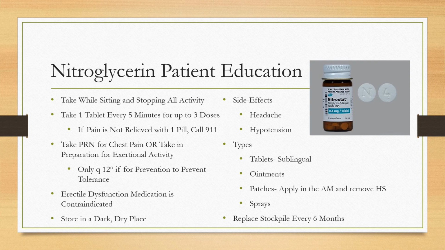So what are the types? Well, the sublingual tablets, that's for angina, right? I have chest pain now, I want to take a tablet, okay? The ointments and the patches are for prevention of daytime angina. So you put your patch on in the morning, you remove it at bedtime. Why did you do that?